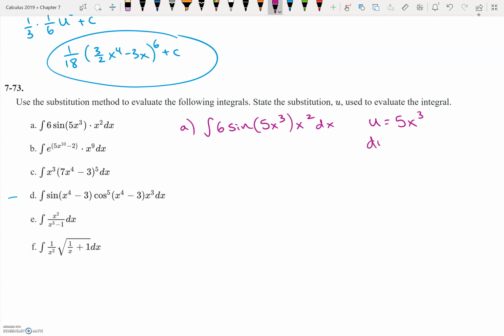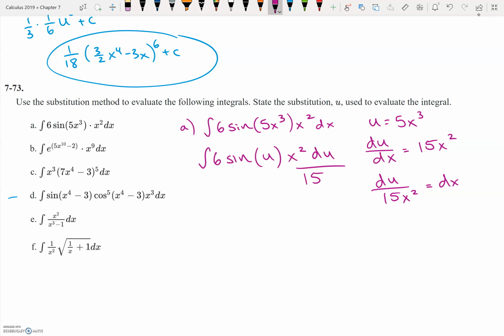We'll take the derivative with respect to x, and then we'll solve for dx. We're going to substitute for dx. We're going to substitute for u. These will cancel out, leaving us with 6 over 15.